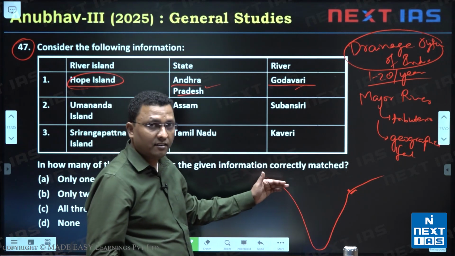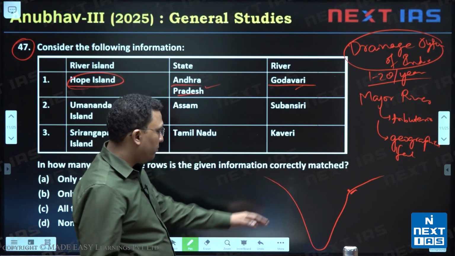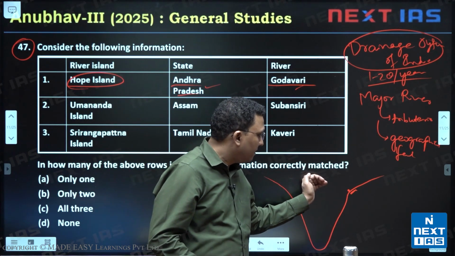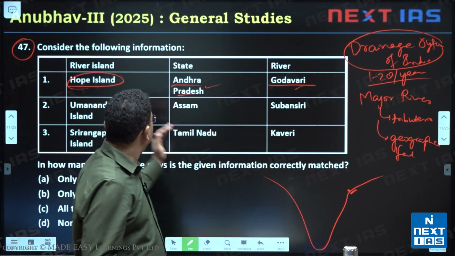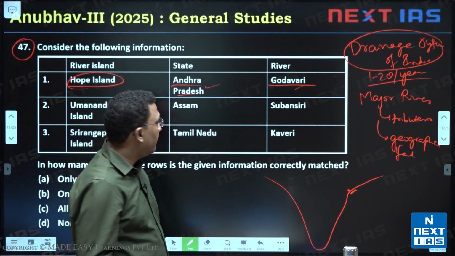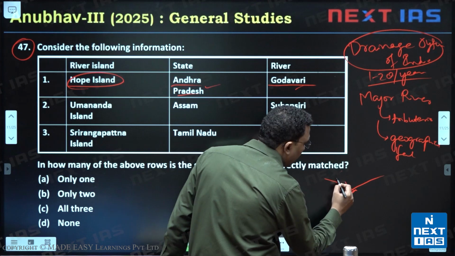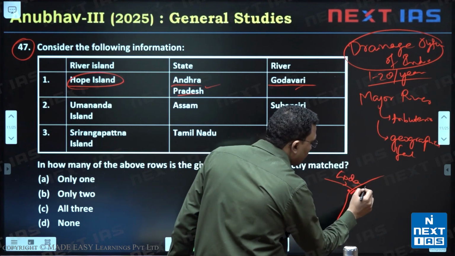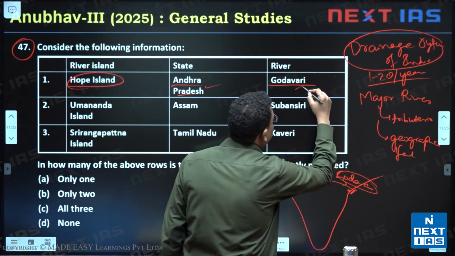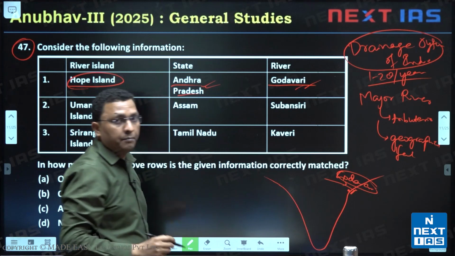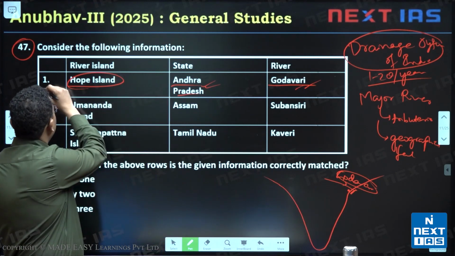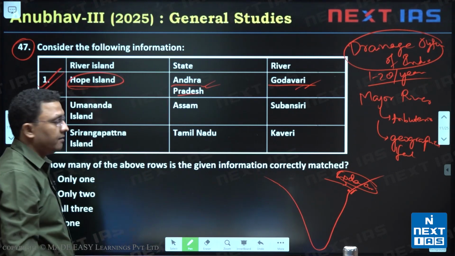It lies in the region of Bay of Bengal. So because of its presence off the coast, it is not exactly a river island, but it has been created by the sediments brought by Godavari river. Godavari river, this is correct, and it lies in Andhra Pradesh, right? So that means first row is correctly matched.